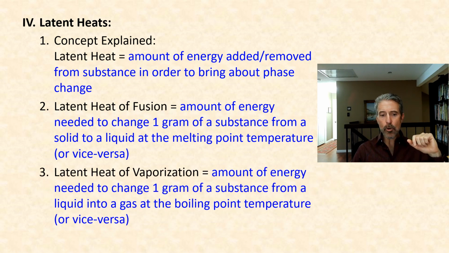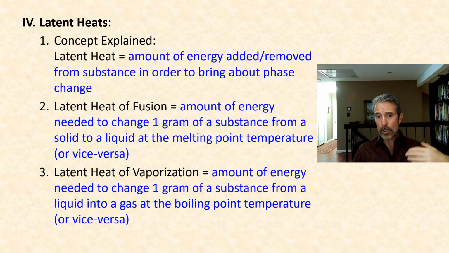So in a similar way, we can talk about the latent heat of vaporization as being the amount of heat or energy needed to change 1 gram of the substance from a liquid into a gas at the boiling point temperature. So it turns out for the case of water, it takes 2,260 joules of heat to convert 1 gram of liquid water at 100 degrees Celsius into gaseous water or steam at 100 degrees Celsius.